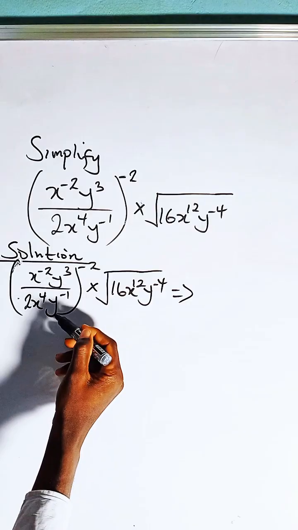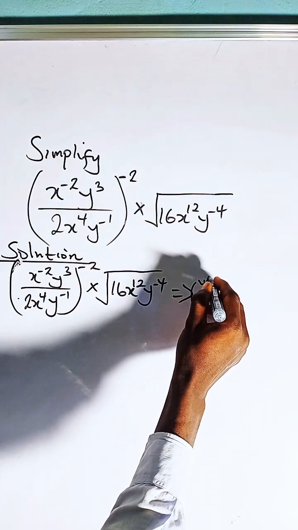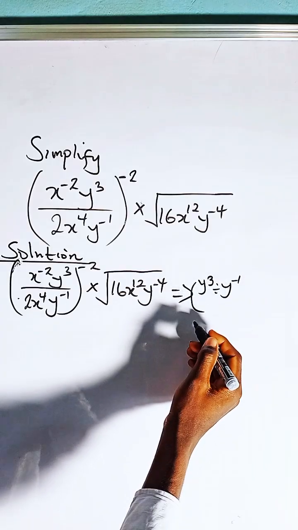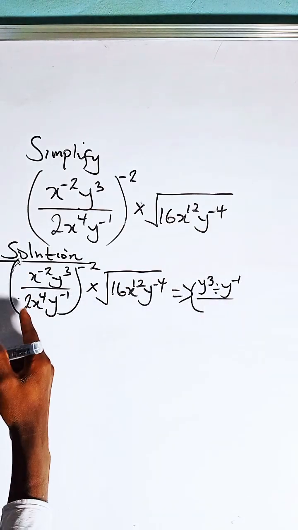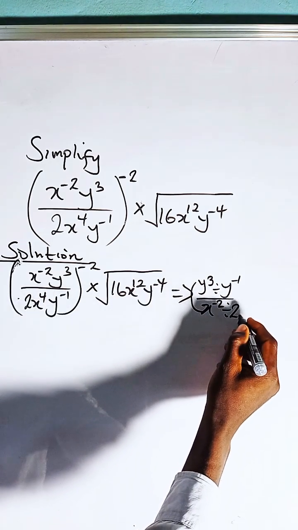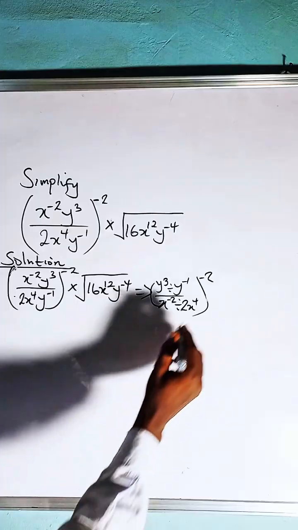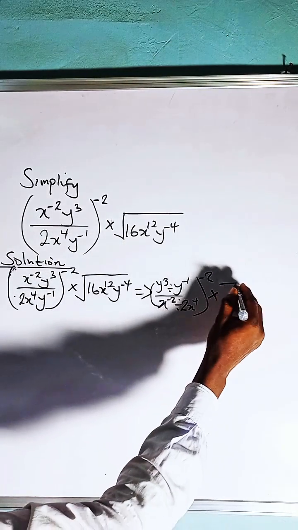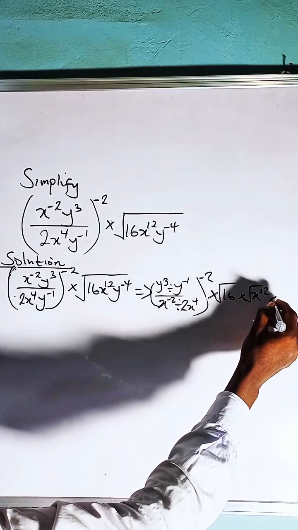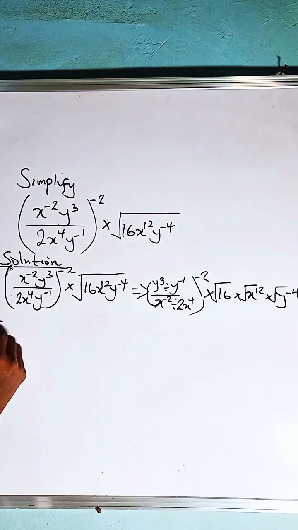So let's take them together. We have y raised to the power 3 divided by y to the power minus 1, over x to the power minus 2 divided by 2x to the power 4, all within the parentheses to the power minus 2, times the square root of 16 times the square root of x to the power 12 times the square root of y to the power minus 4.